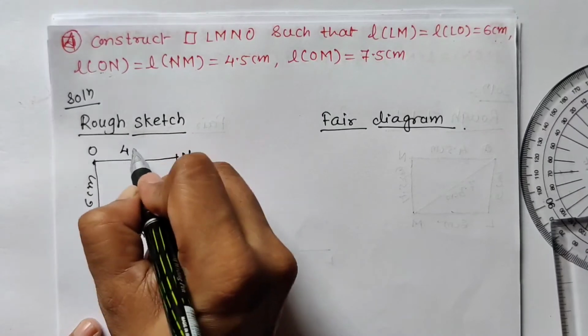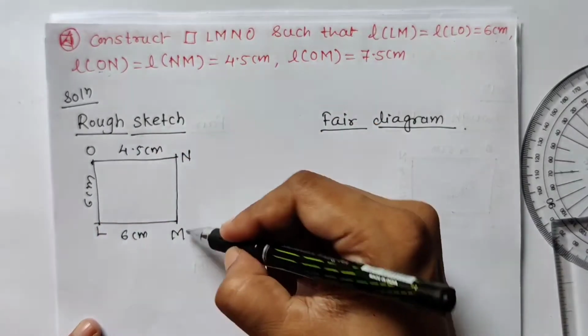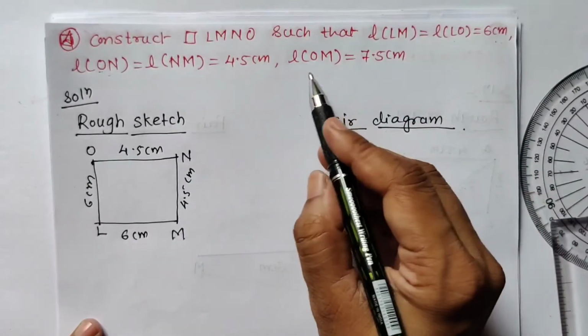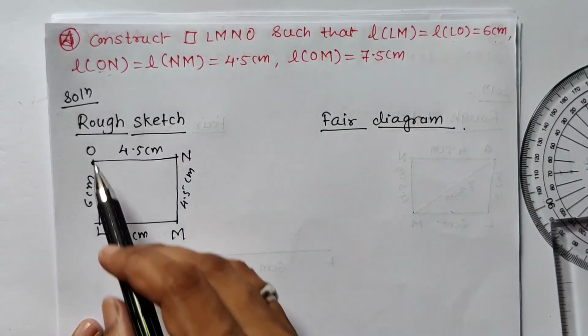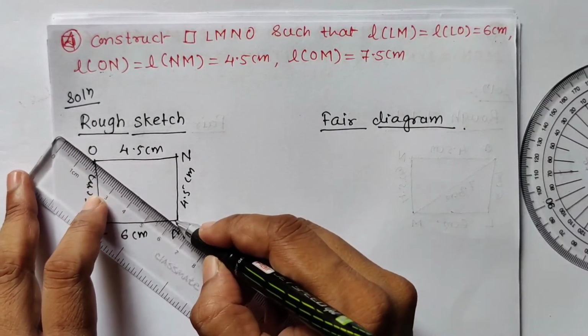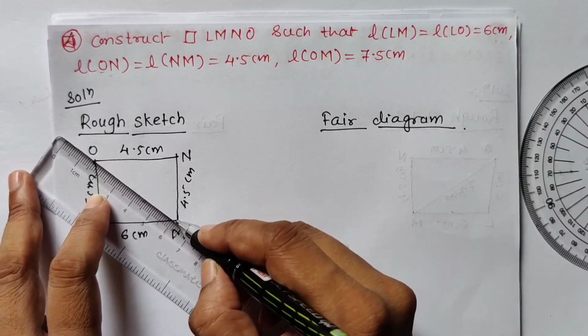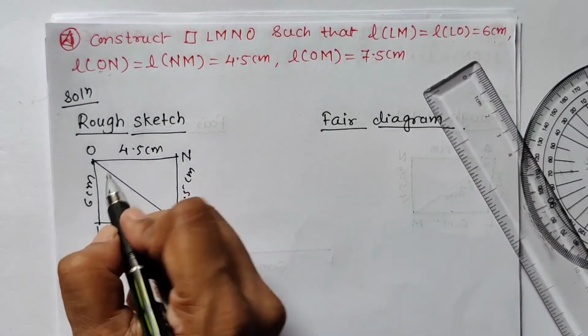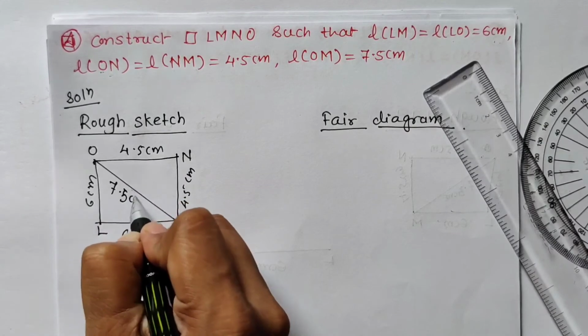ON is 4.5 and NM is also 4.5. And now what is given? OM is 7.5. Where is OM? OM is this diagonal. So we are going to draw this diagonal OM. Okay. So OM is 7.5 centimeter.